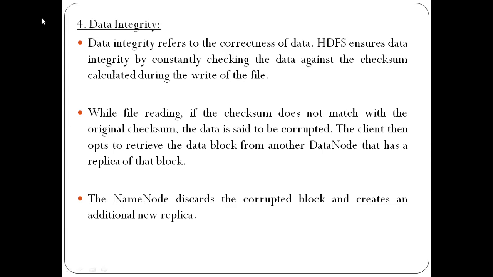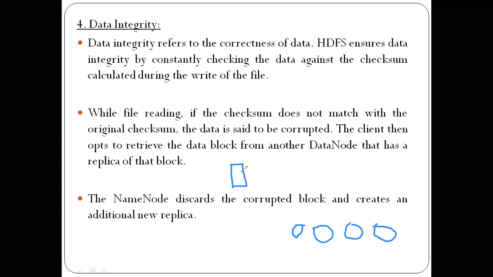I'll just explain here. I said there are many data nodes. A client is writing a file, so this file is divided into different blocks and stored in different data nodes, right?